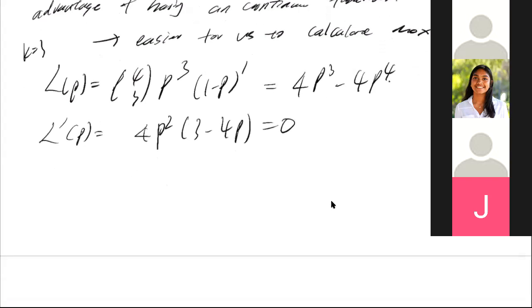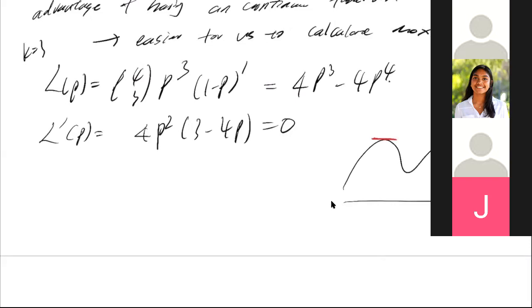I'm just reviewing the calculus concept. Given any function, if the first derivative is 0, that means at that point the tangent line is flat, it's horizontal.